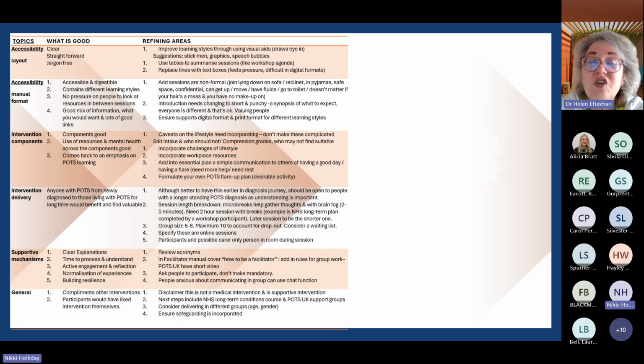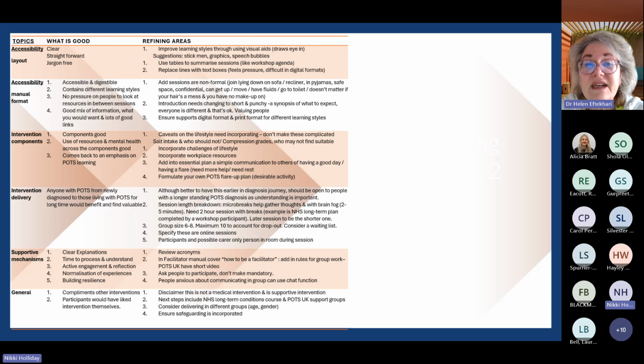People emphasized what was good and accessible about the intervention in terms of layout, formats, the different components, the deliveries and the supportive mechanisms, and what areas needed refining. A lot of the refinements were quite simple, around using different learning styles, visual aids and different types of summary boxes, to make everything sharper and clearer for people using the intervention.